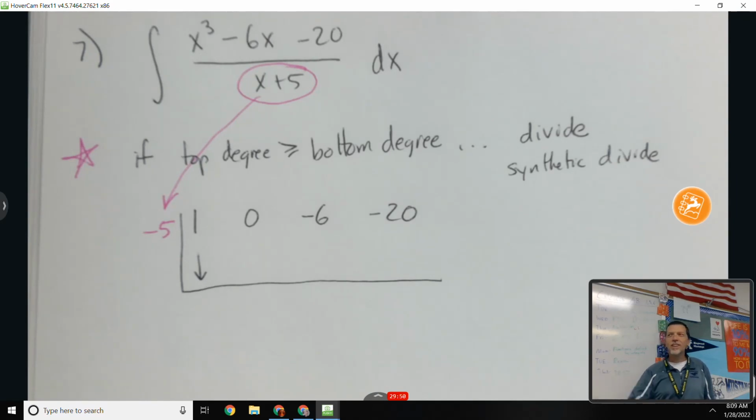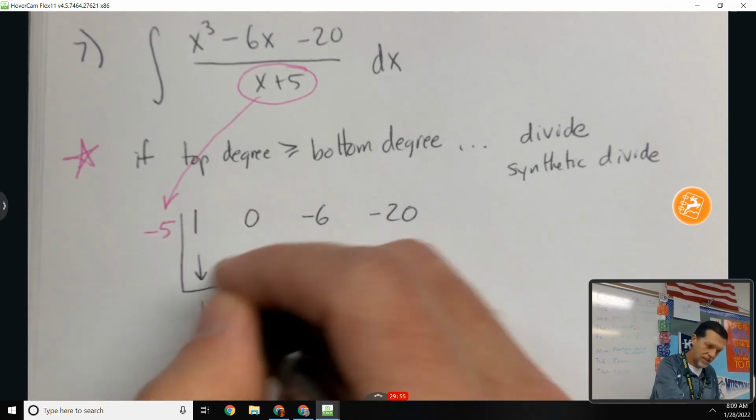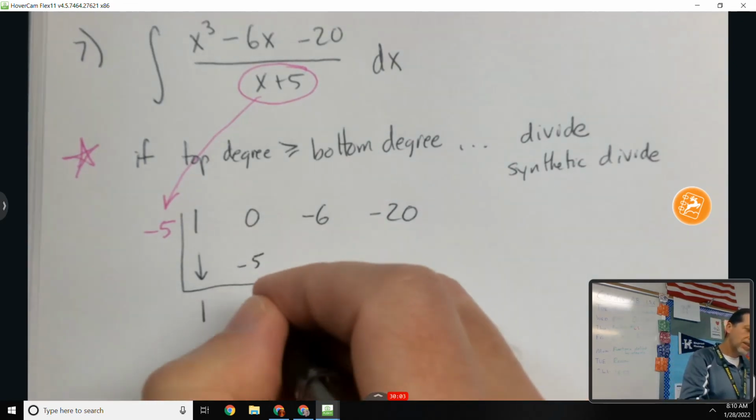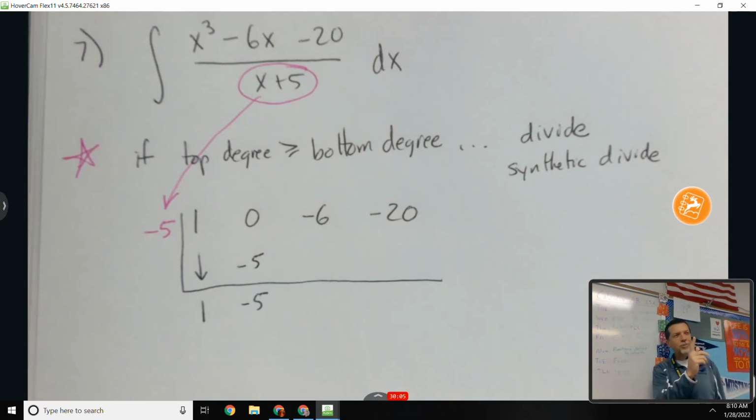So what do we do? And then add. By the way, about that add-subtract thing: usually when you're long dividing, you draw the line, change the sign, and subtract. The reason you don't have to subtract here is because we made this negative.